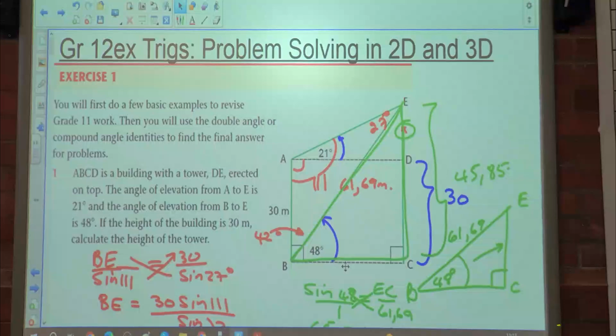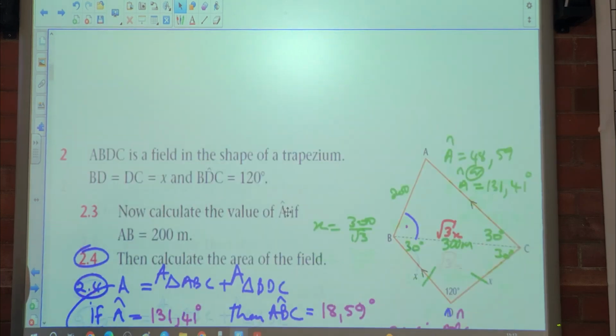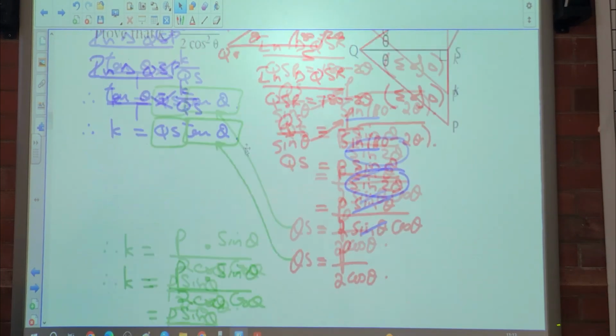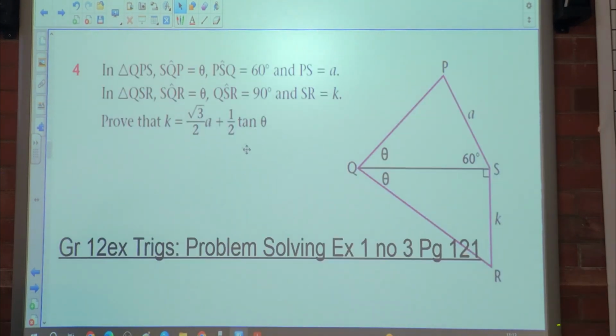Okay, good morning class. So today we're looking at problem solving, 2D and 3D, 2 dimensions and 3 dimensions. At this point we have concluded number 1 to 3, so now we're looking at number 4.